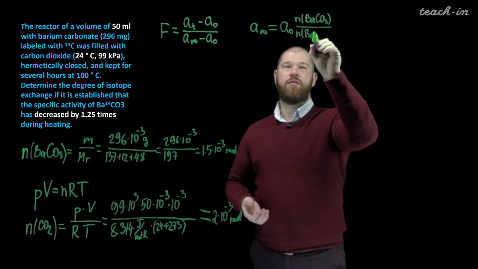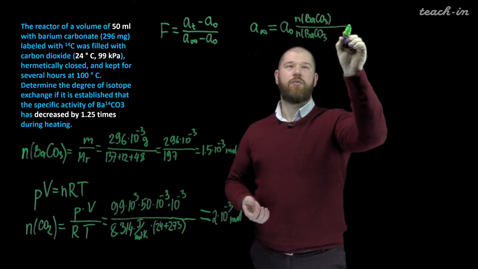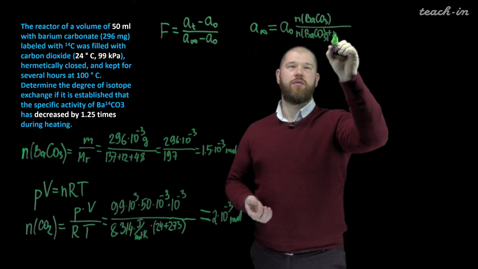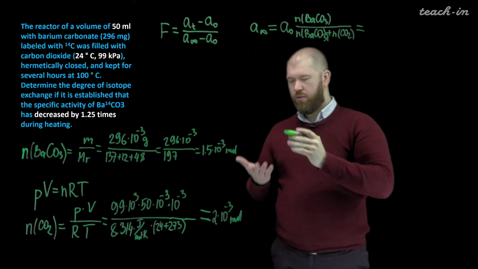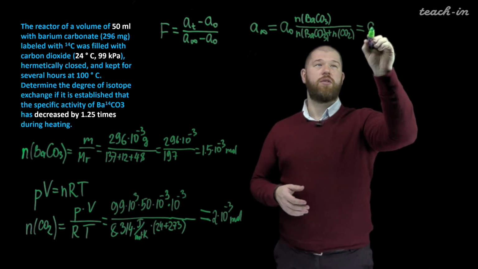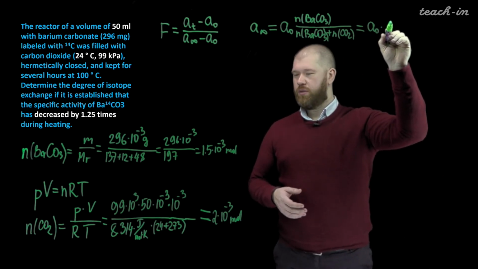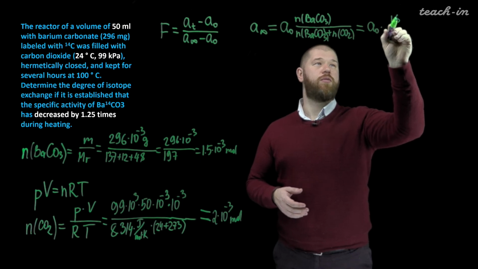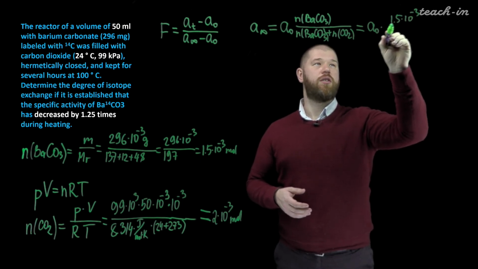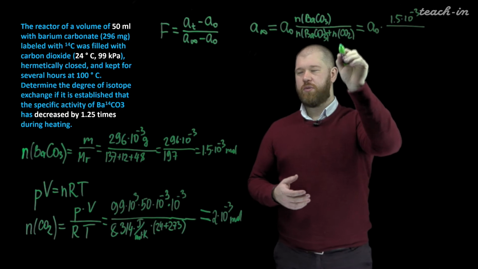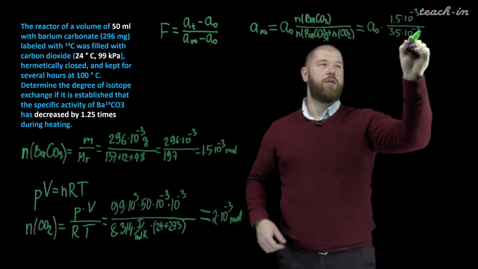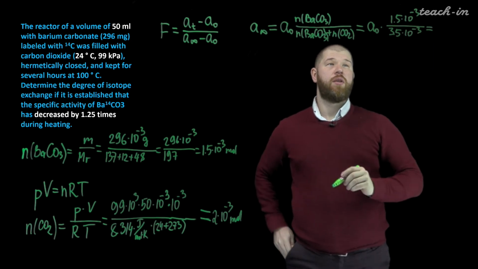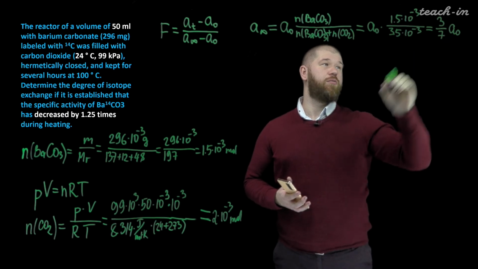So it is simply this expression. And we already know all the numbers, so it will be A0, here it is 1.5 10 to minus 3, and here the sum will be 3.5 10 to minus 3, A0.